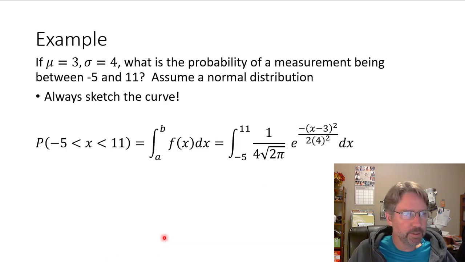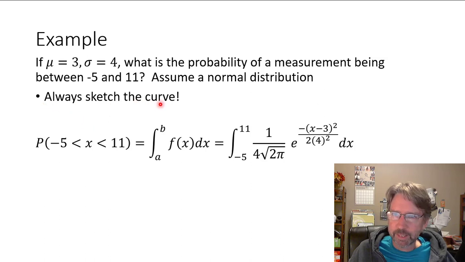Okay, so here are some examples. In this case, we have the mean of 3, standard deviation of 4, and we want to know what is the probability of a measurement being between -5 and 11. So we're going to assume a normal distribution. Usually when you see these two parameters, you're going to assume a normal or Gaussian distribution.